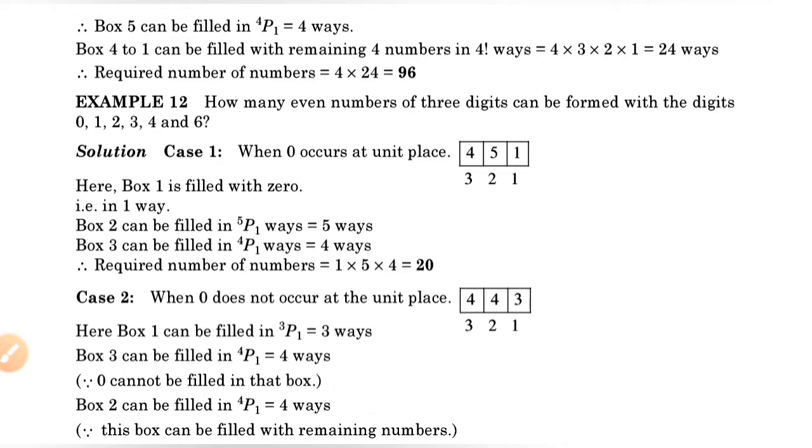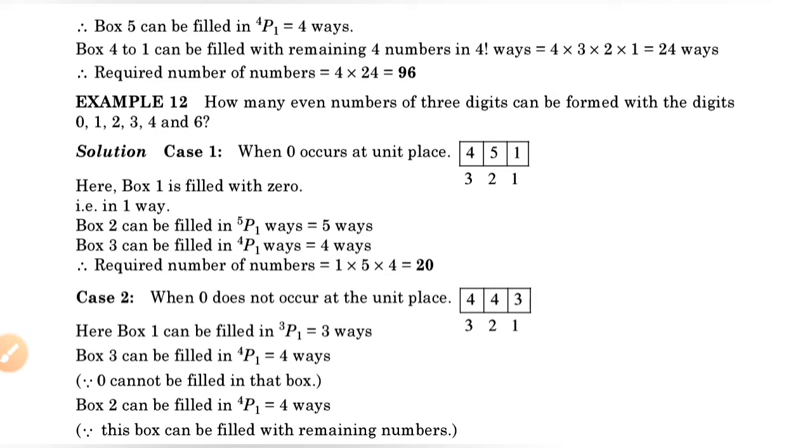In example 12, how many even numbers of 3 digits can be formed with the digits 0, 1, 2, 3, 4 and 6? We are given 6 digits and we have to form 3-digit even numbers. Even numbers are all those numbers which are divisible by 2, or multiples of 2. So in the unit place we must have 0, 2, 4, 6, 8 and so on, the multiples of 2.